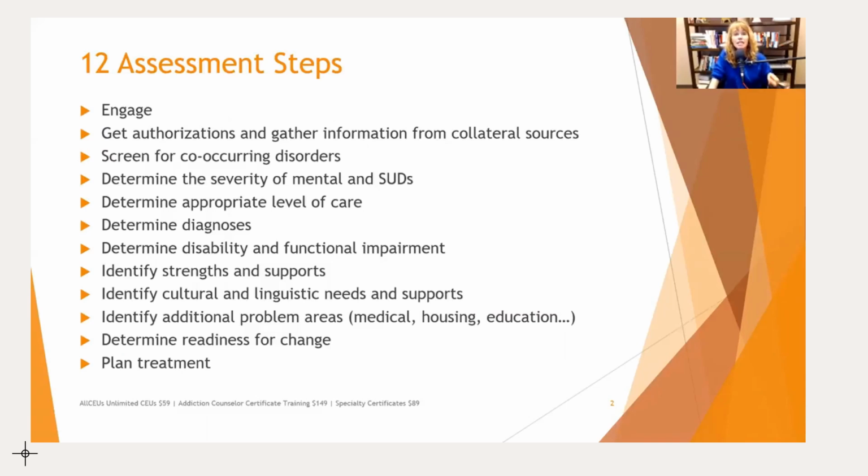Determine disability and functional impairment. So how bad is this? On a scale of 1, not really bad, I could see you once a week outpatient and not a problem, to 5, the patient needs to be in 24-hour medically monitored residential care in the hospital. The ASAM breaks it up really nicely for you. You're going to determine where they need to be.